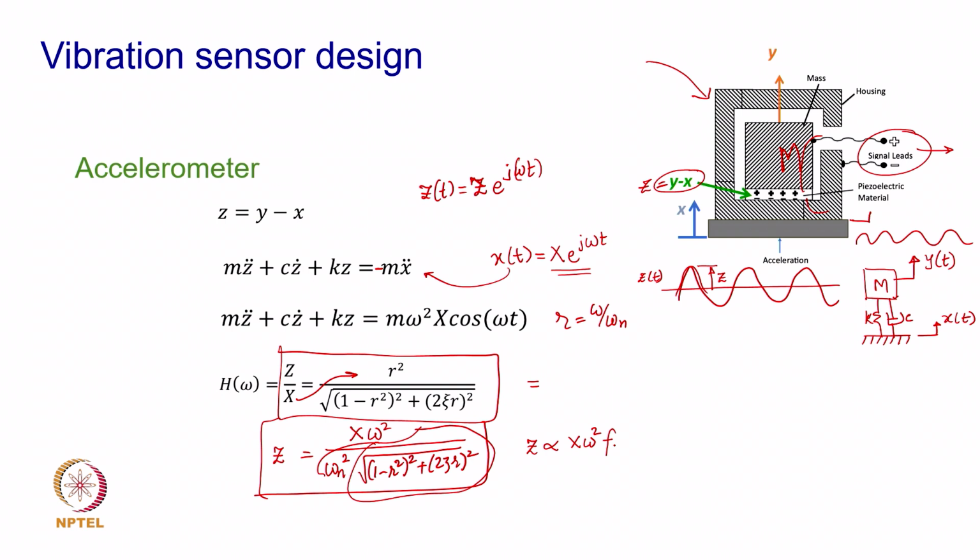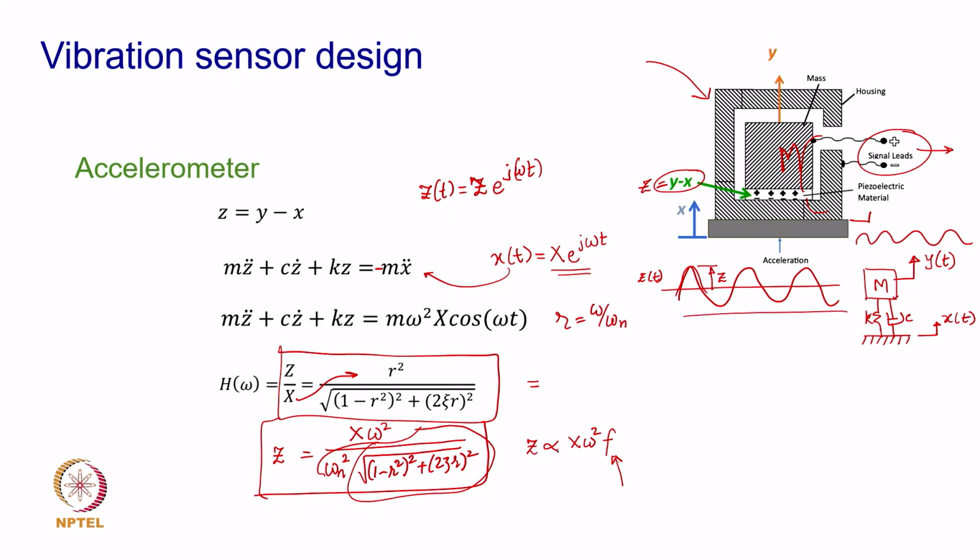Okay. So, this factor is obviously not a constant thing, it is going to vary if your excitation frequency omega changes. But suppose you have a particular excitation frequency, then the z, or the compression in the piezo pads, is going to be proportional to this value.